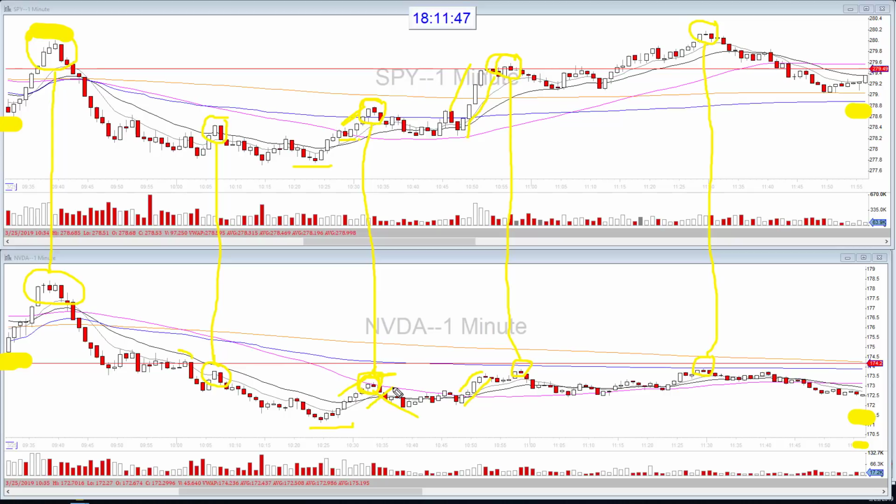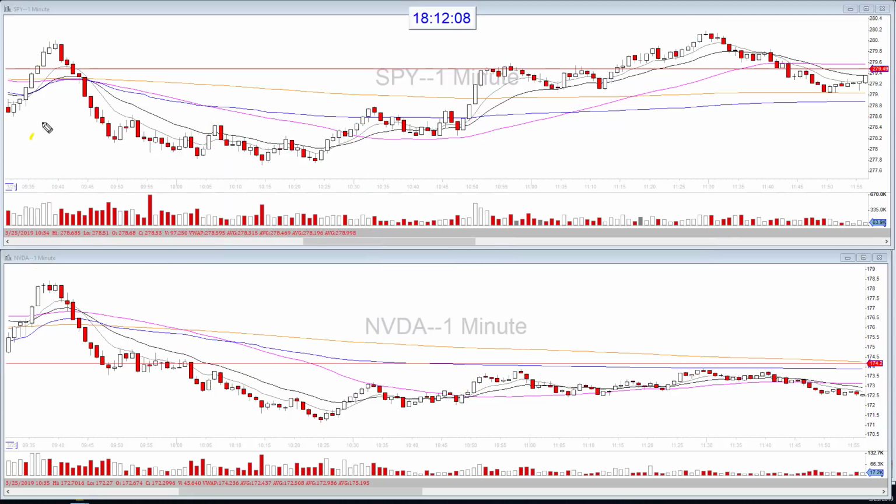You can't have that bias. And that's what gets so many traders into problems. When you find yourself in a stock that is following SPY, you think it's going to do the exact same thing, and then you throw out your strategies and your setups, and you just think, well, if SPY is going up, NVIDIA has to go up.